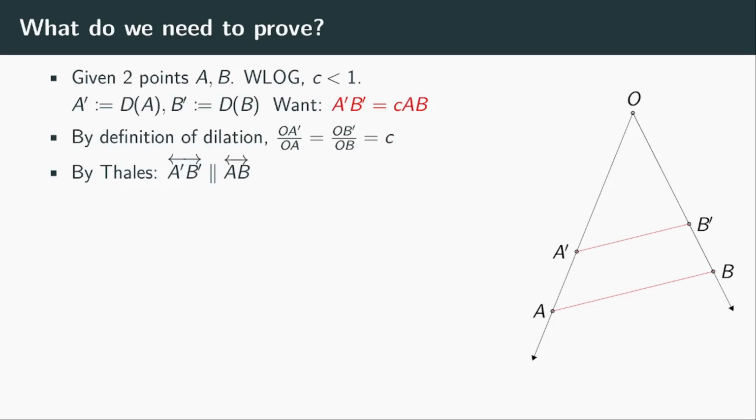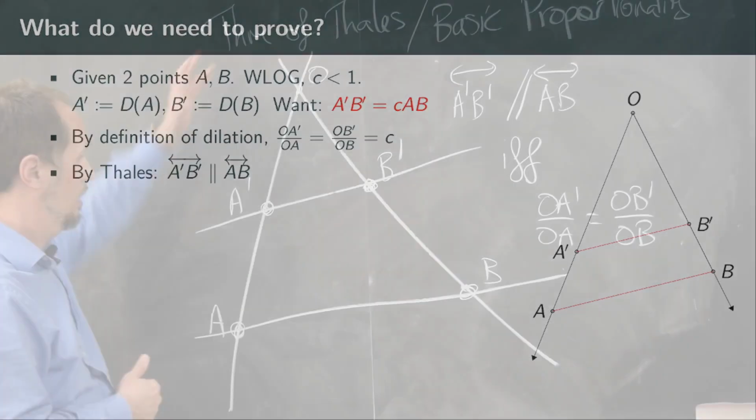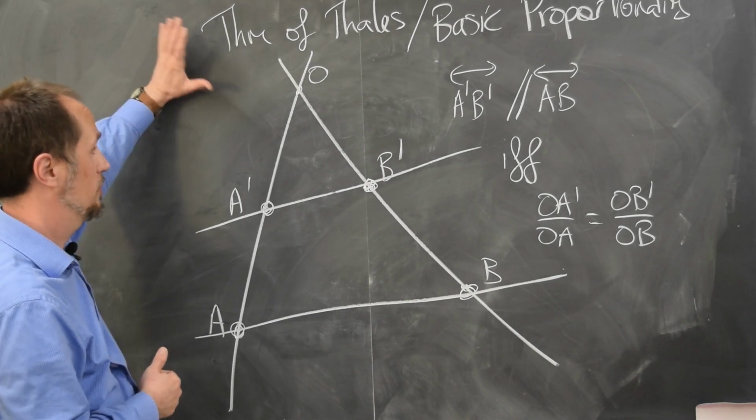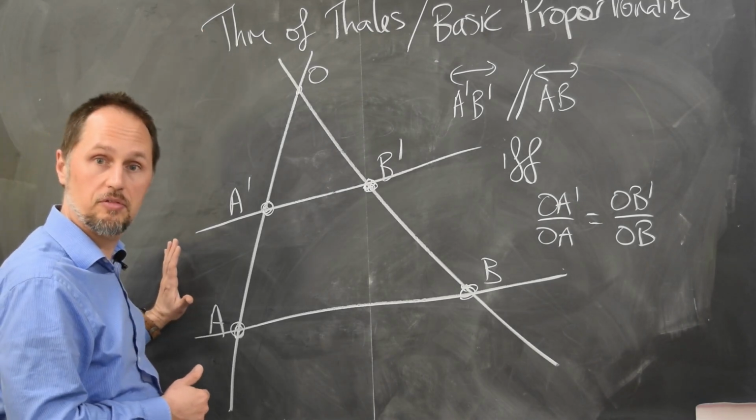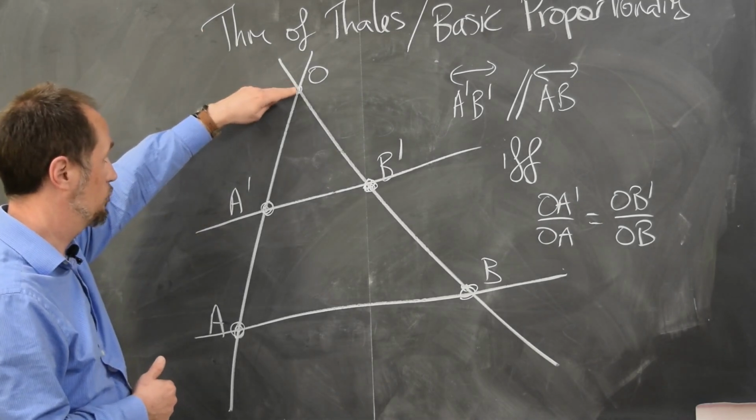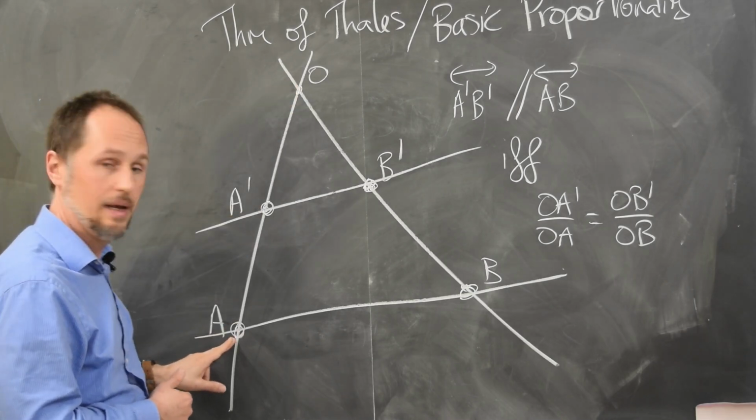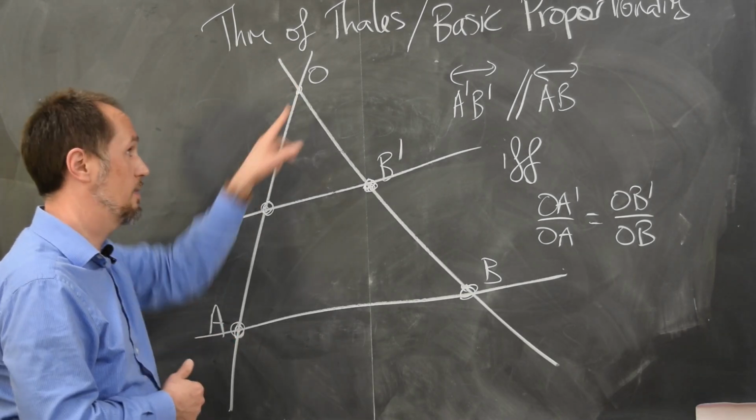And so now our theorem of Thales tells us that the line A prime B prime is parallel to the line AB. Actually, maybe we should review quickly what the theorem of Thales, also called the basic proportionality theorem, tells us. Here I have the configuration we saw last week, where I have three points O, A prime, and A on a line, and they're in that order.